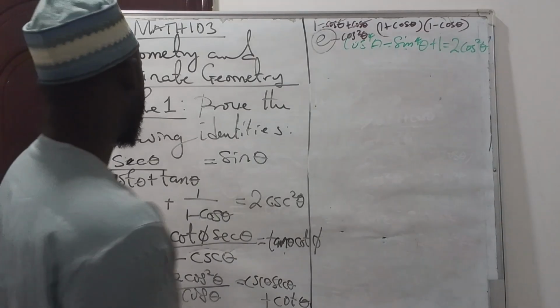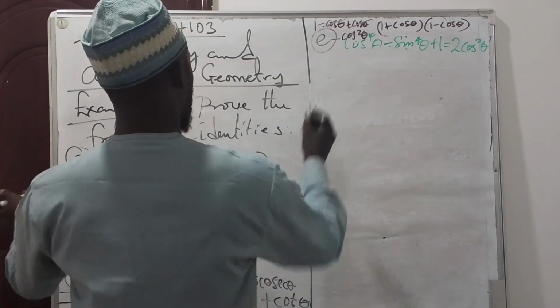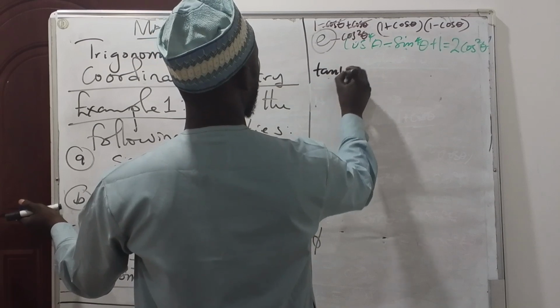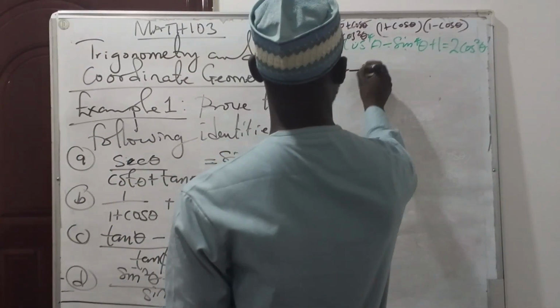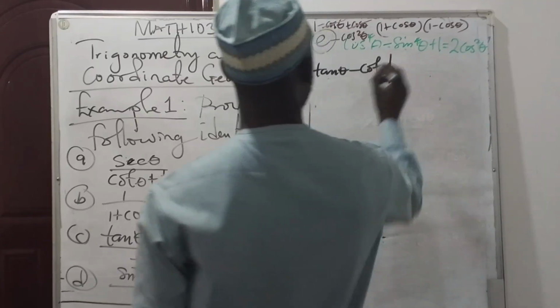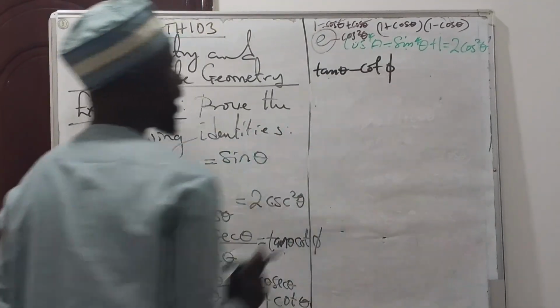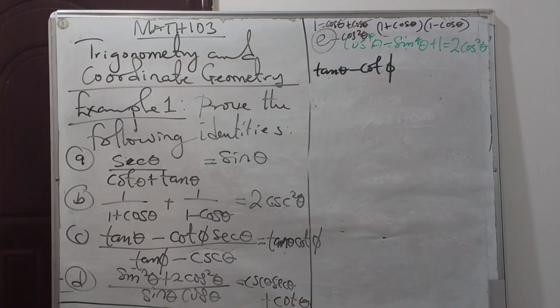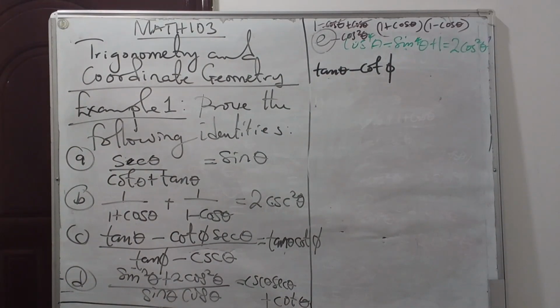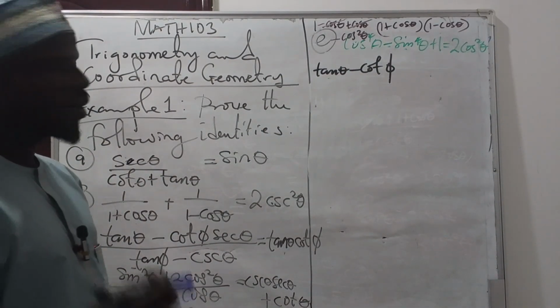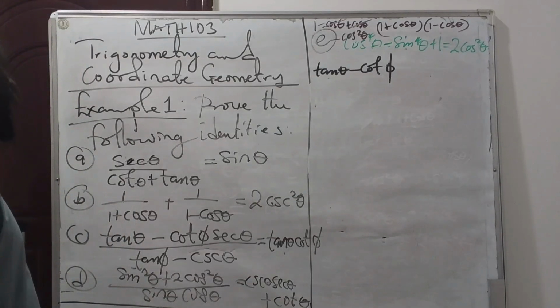So now to do that, we write tan theta minus cot phi. You know, theta and phi are two different angles, so be careful not to replace theta with phi or phi with theta.